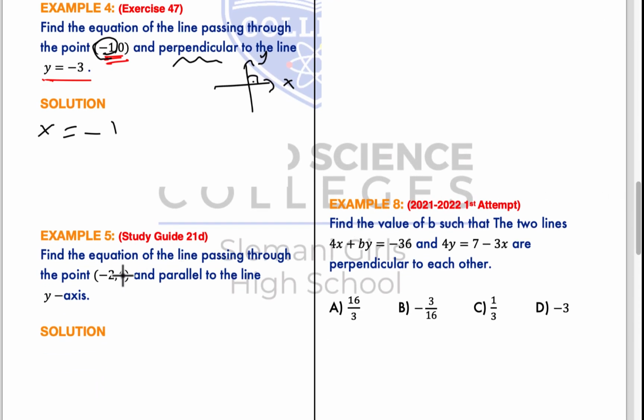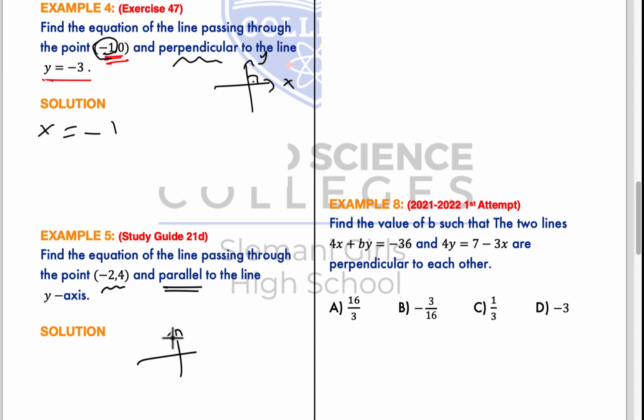Similarly, another question from your book. A point is given. This time it says it's parallel to the y-axis. The previous one wasn't about axis. It was about the line. What is the y-axis? The vertical line is the y-axis.